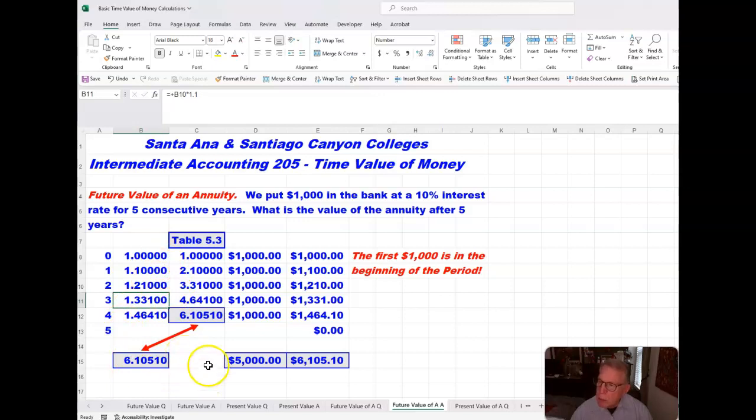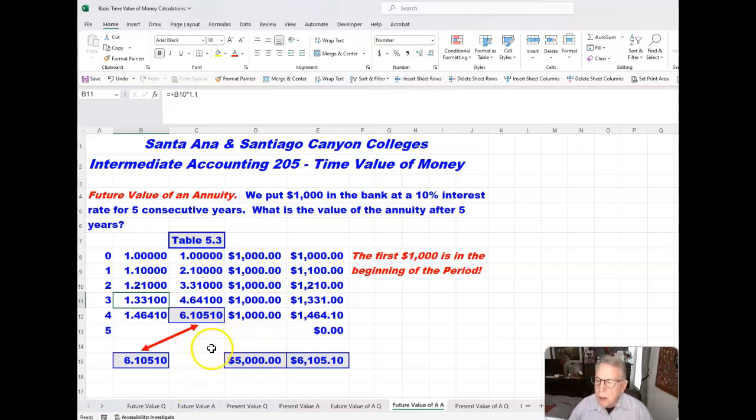If I look in table 5.3, and you can see at 10%, 6.10510 is the amount you'll see there for 5 years.